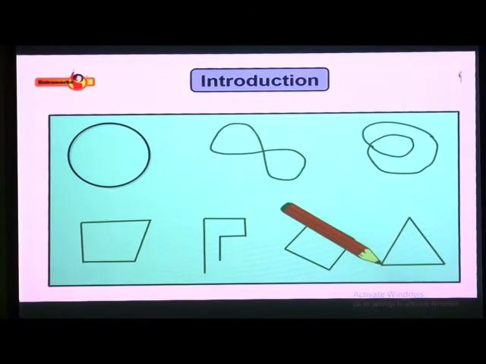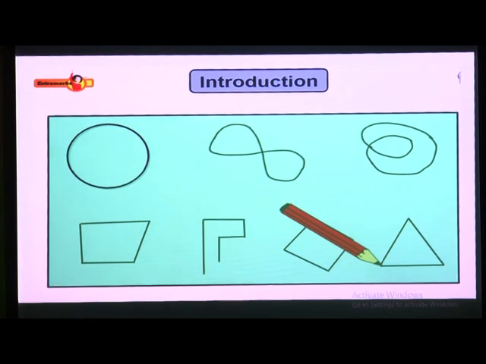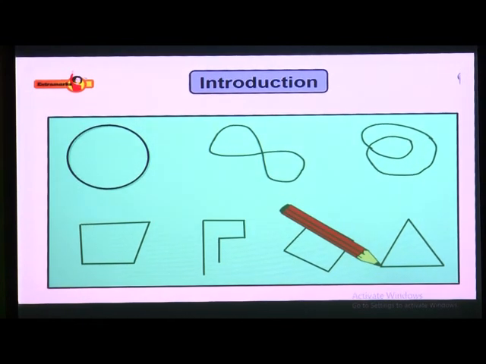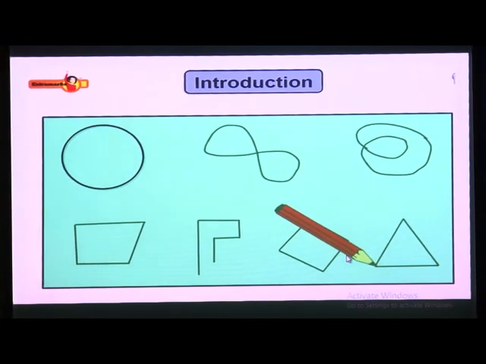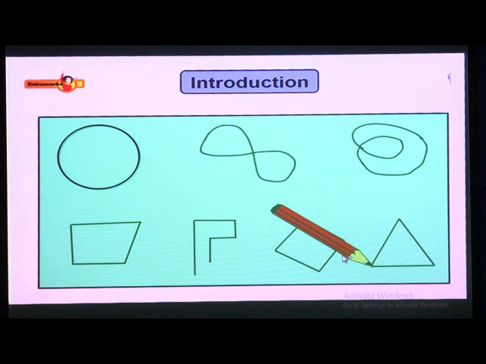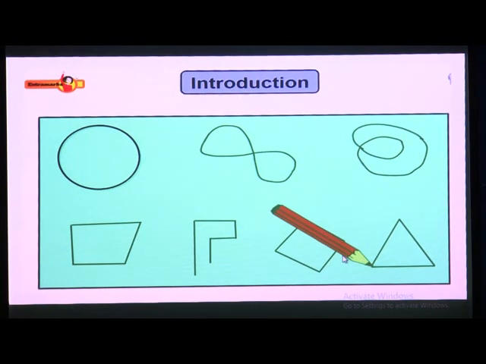When we talk about some plane figures as shown here, we think of their regions and their boundaries. These are the figures that are drawn with the help of a pencil. All these figures have some regions and their boundaries. We need some measures to compare them.